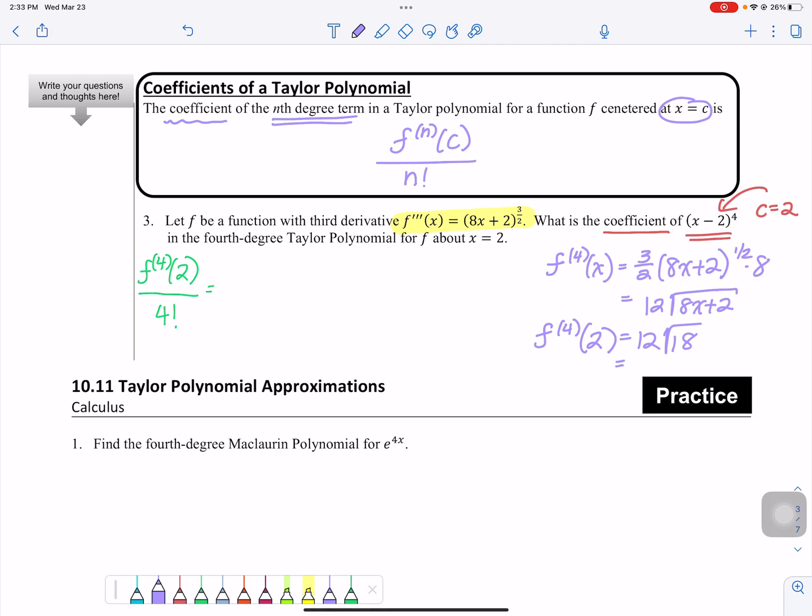And of course, that's 36 root 2. So now we come in and put 36 root 2 divided by 4 times 3 times 2. And we come up with 3 root 2 over 2. And that will be the coefficient of the x minus 2 to the fourth power term. And that concludes this topic.